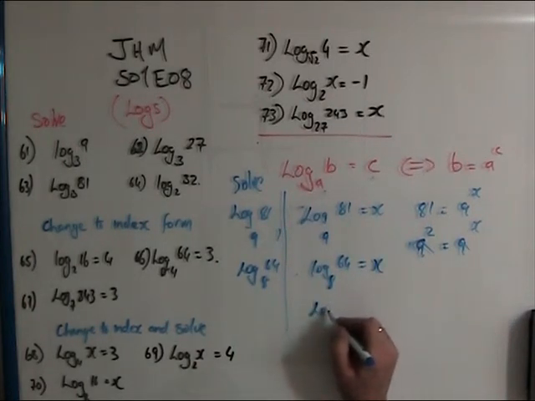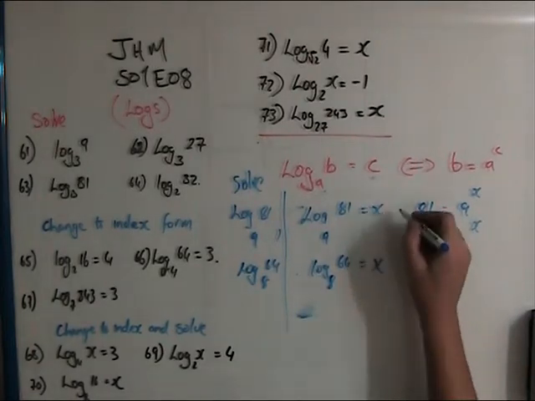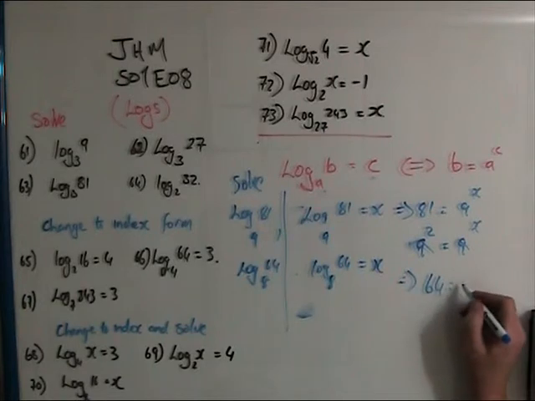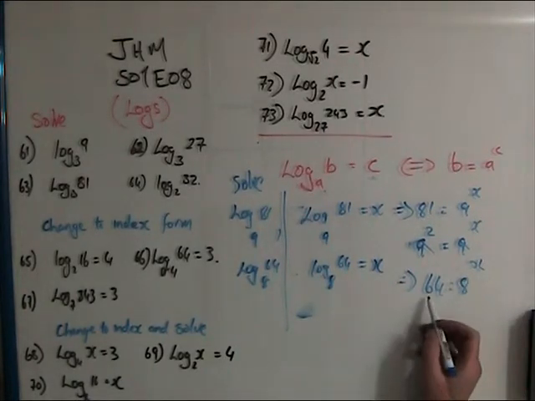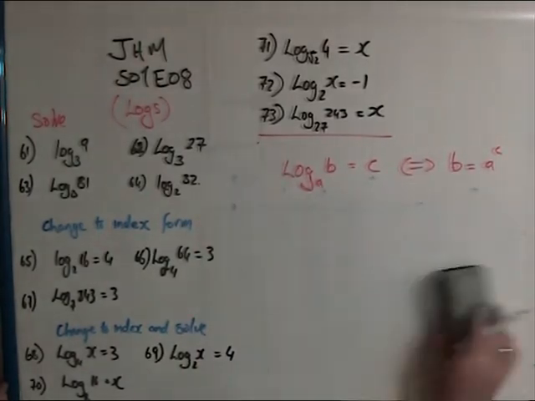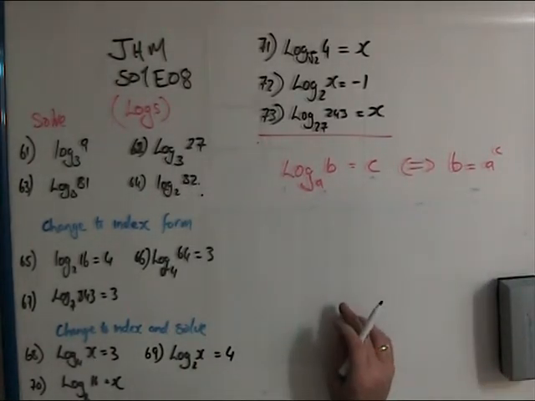So I'm bringing this across, and this becomes 64 is equal to 8 to the power of x. And there again, you've got 8 8's, 64. These are quite simple with the 2's in them, right? Too simple. Let's have a look at another one.